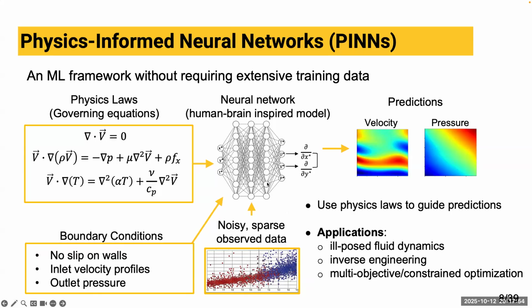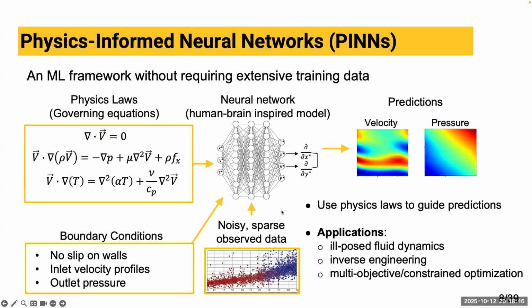And this framework is really appropriate for most of the research laboratories because not many labs can access abundant experimental data to train the deep neural network. So using the governing equation is a very efficient way to train the model.